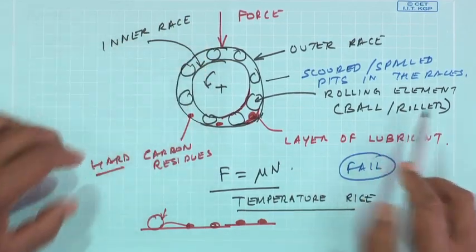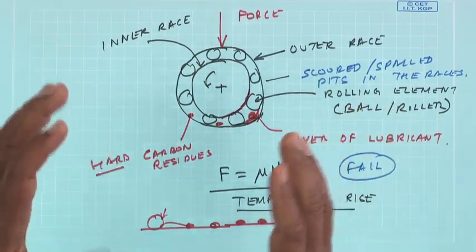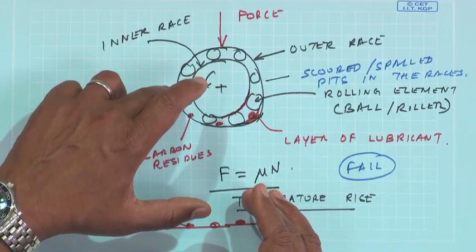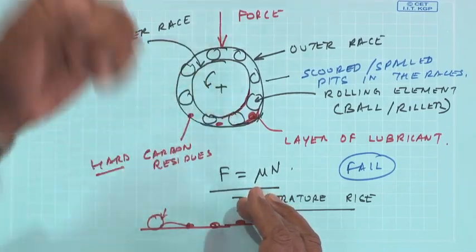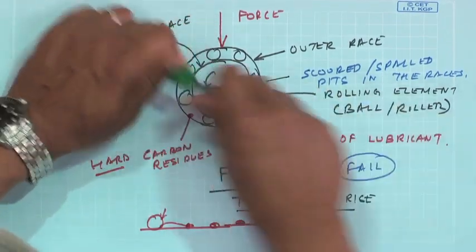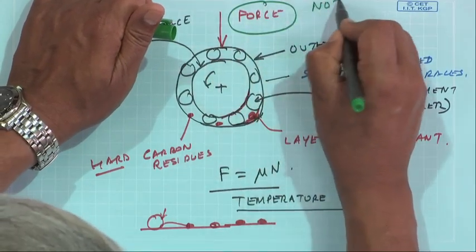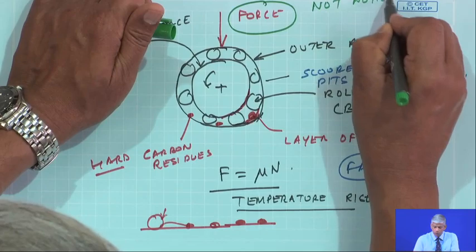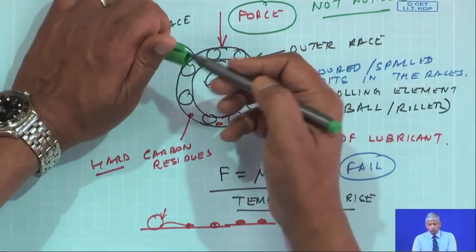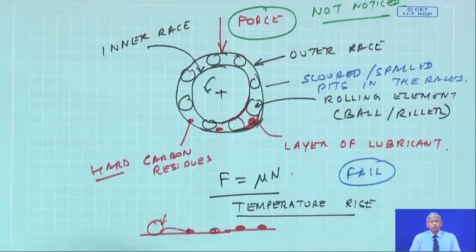So, what has happened is a defect in a rolling element bearing is being noticed because of this force which was not noticed by the operator. So, this is the common scenario I have seen.